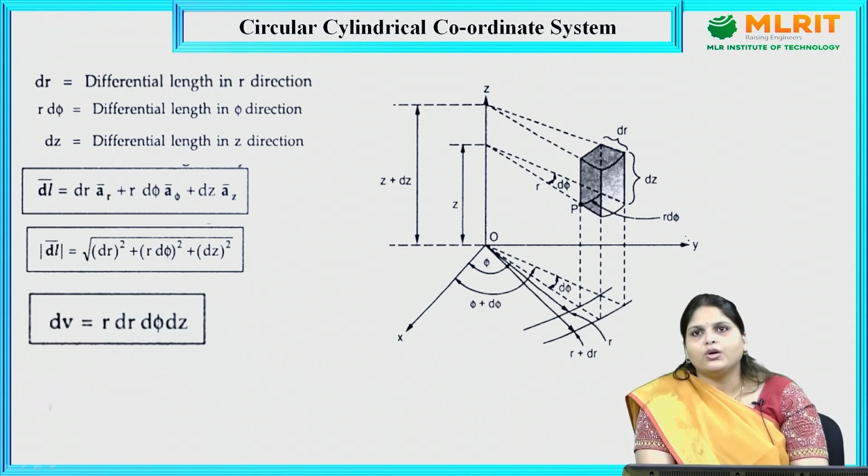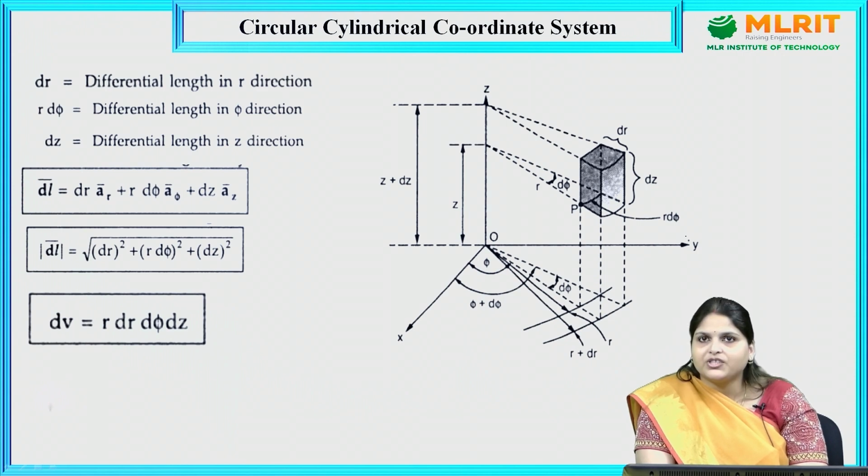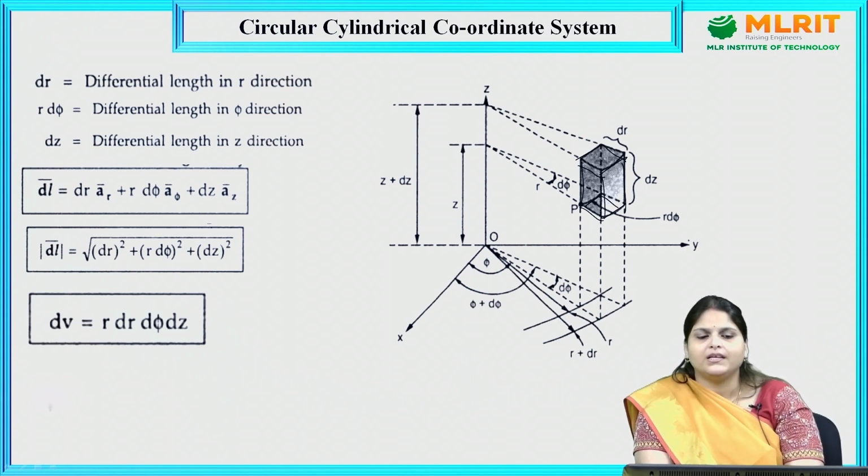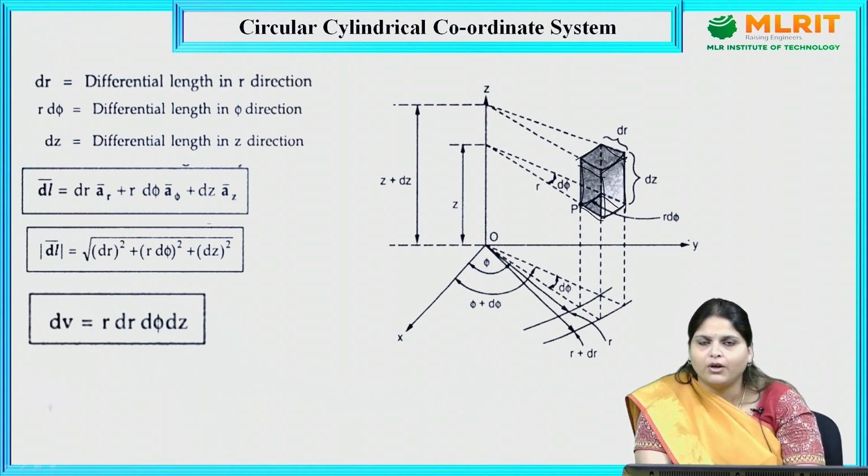Next, let's talk about differential length in R direction, phi direction and in Z direction. Here we have taken a small portion of this cylinder. If you see, this is a differential volume, right? So even for having the differential volume, we need differential lengths. What are the lengths required for this volume?